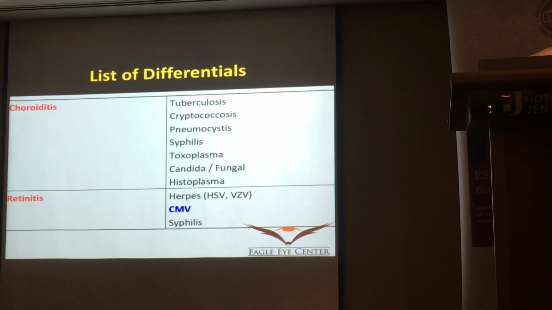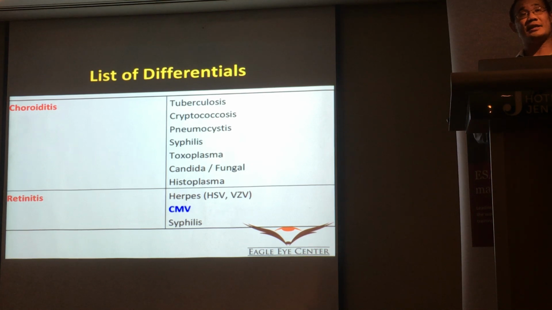So differentials are many. It's impossible to tell you which one is which. Some of them may have some characteristic lesion appearance, but most of them are just white-looking stuff in the back of the eye, which is classic of uveitis, cells, and go figure out what it's due to. But as a rough rule, if you have choroiditis, you have a whole list of things: tuberculosis, cryptococcus, pneumocystis, syphilis, Candida.